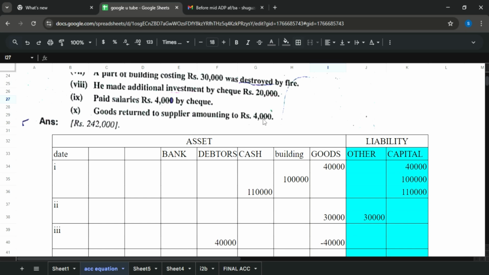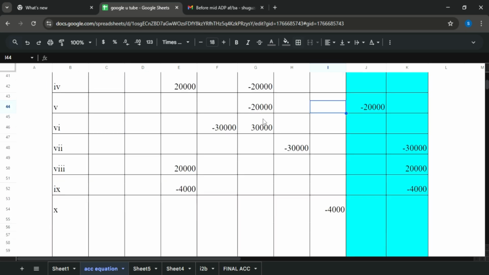Your liability has been decreased by 4,000. So you will come over here and write 4,000 with minus sign because you have returned these commodities. Now you are not liable to pay the amount, so your liability has been decreased. Decrease in liability means there would be a minus sign.